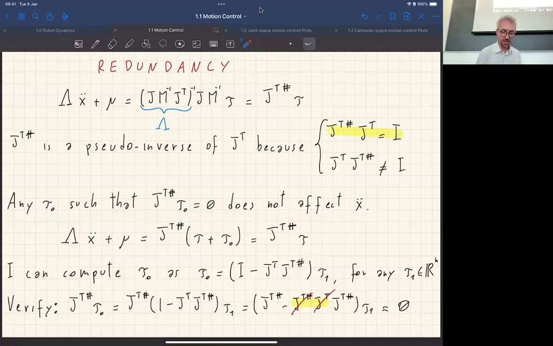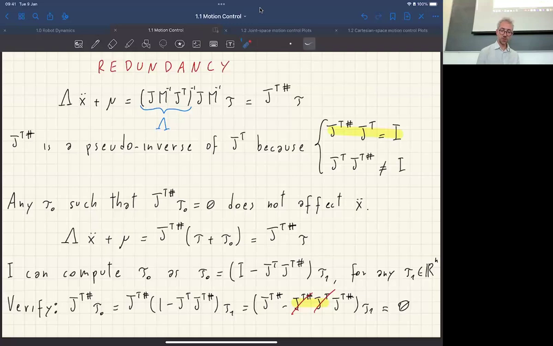And I can see that mathematically because if I write down my dynamics and I add to my torques another vector tau 0, then by doing the multiplication tau 0 times this matrix, by assumption this is 0, and so this is equal to J transpose pseudo inverse tau, which means that adding tau 0 is not going to have any effect on my task space or my Cartesian space acceleration. Are we good?